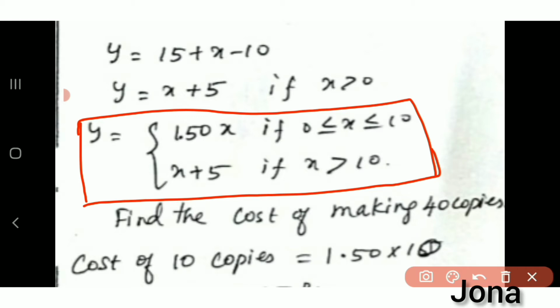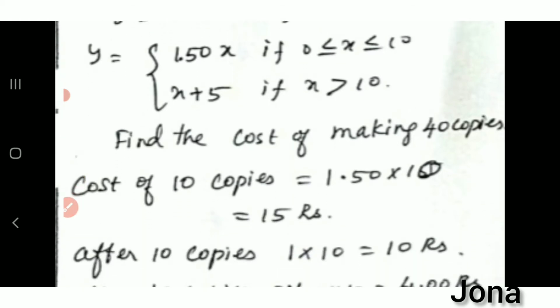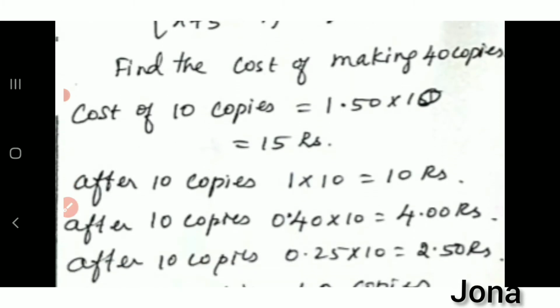Find the cost of making 40 copies. Cost of 10 copies is 1.50 into 10, that is nothing but 15 rupees. After 10 copies, for each copy it is 1 rupee, isn't it? So, after 10 copies, 0.40 into 10, that is 4 rupees. After 10 copies, 0.25 into 10 is nothing but 2.50 rupees, that means 2 rupees 50 paise.